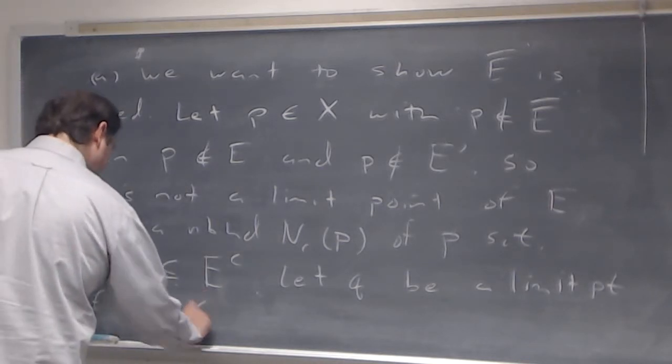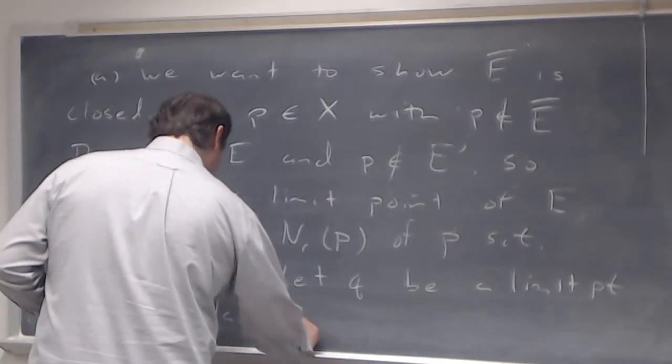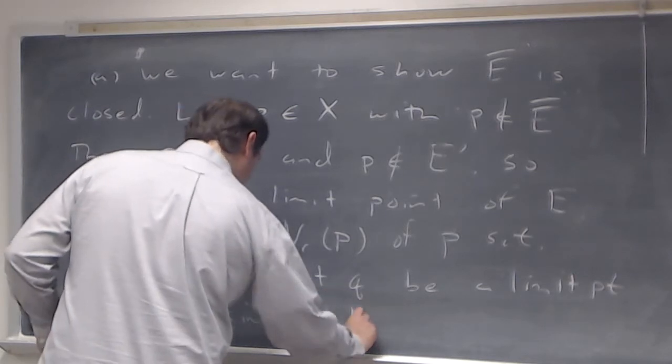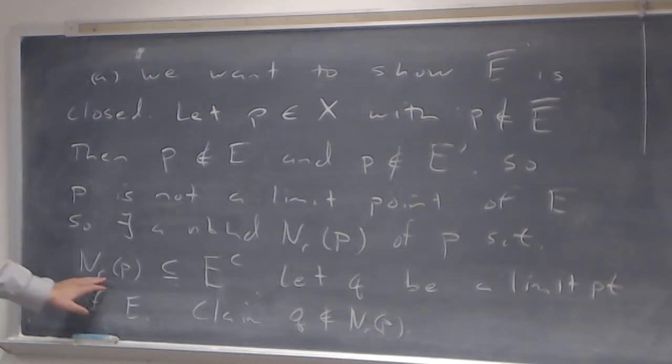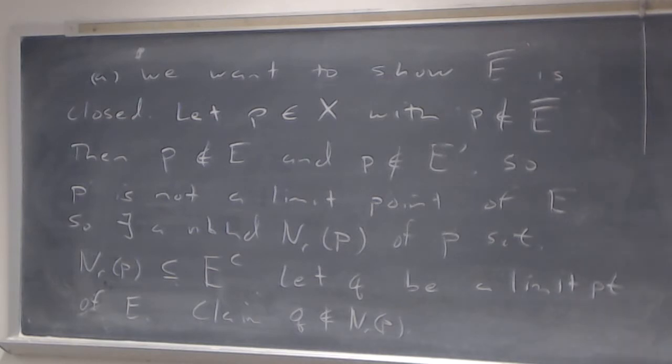We claim that Q is not an element of N sub R of P. So what I'm thinking is this particular subset cannot contain an element that's a limit point of E. Now we're going to prove this one.